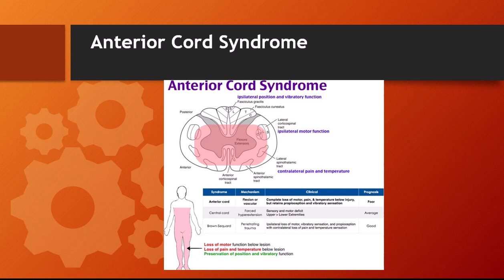Yes, this is the key thing with spinal cord injuries, putting together what you said, Muna, with what Aziz said.